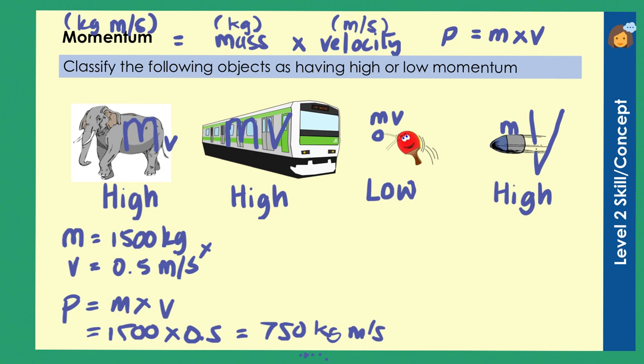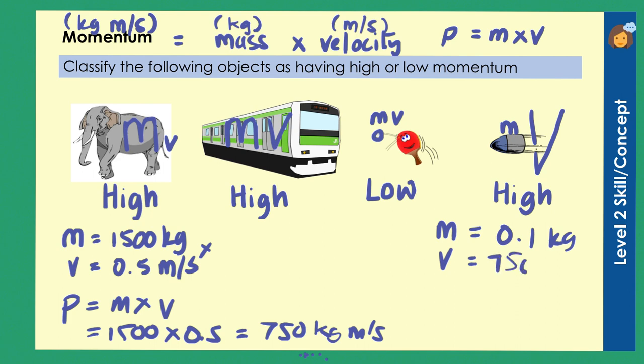And now let's consider a bullet on the other side. So as an example, the mass of the bullet, we're going to make up a number. Let's say it is 0.1 kilograms. And then the velocity of the bullet, let's make it very, very high.